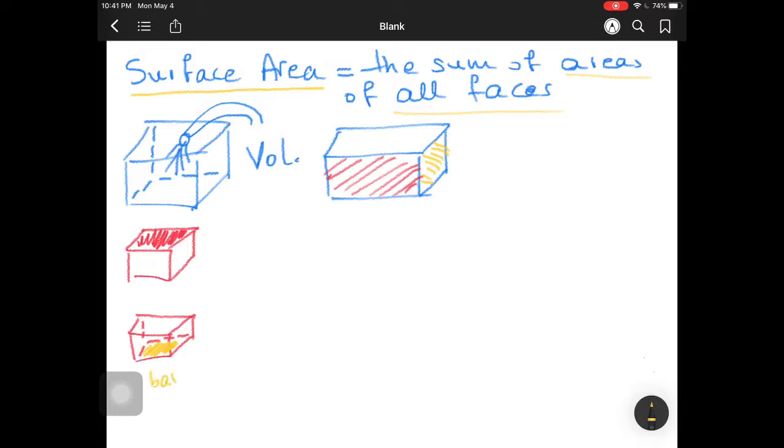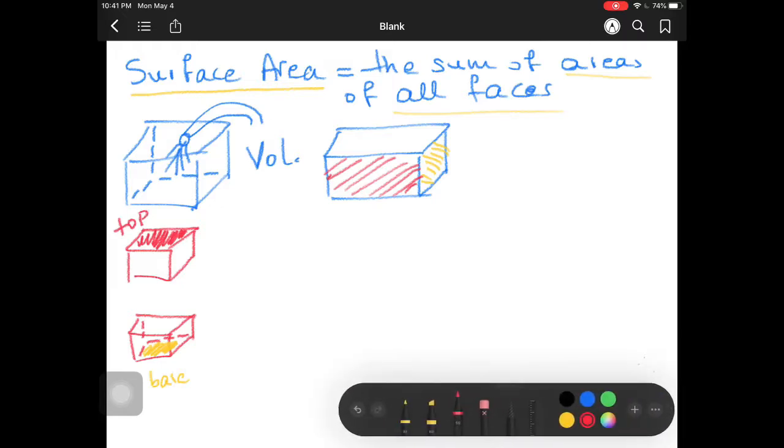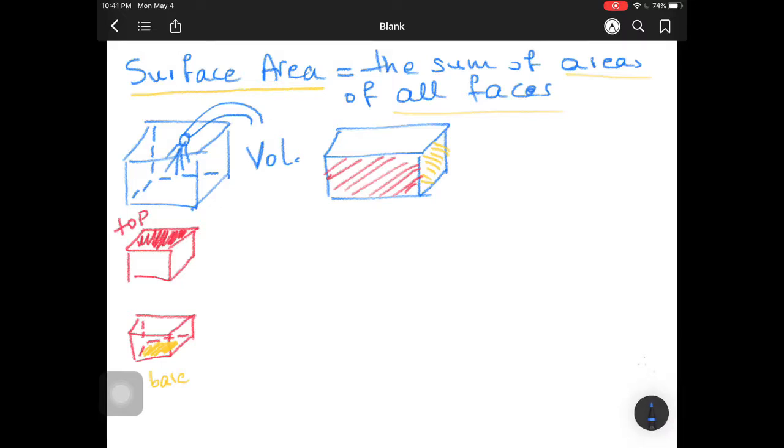So this is base, and this is top. Now let's say that this is width and this is length. Then the top and the base have the same area, and the area here is L times W.